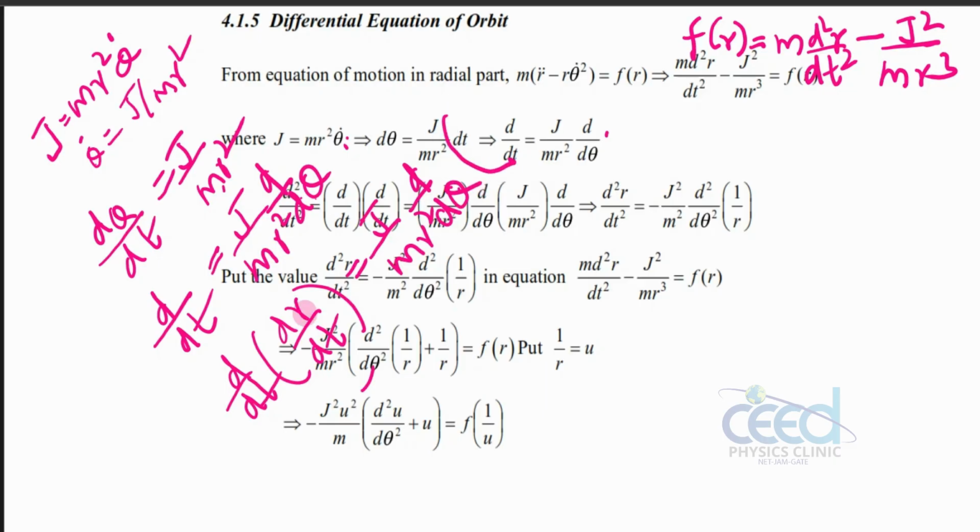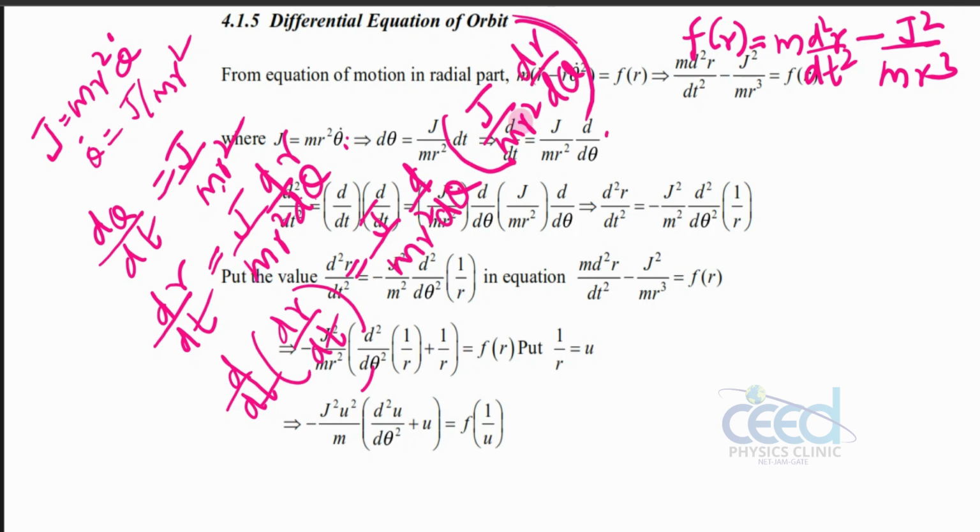Dr by dt we already saw: here you put r, then dr by dt is J by mr square into dr by d theta. So this operator, I put dr by d theta, then on this side also I put dr by d theta. This is dr by d theta here.